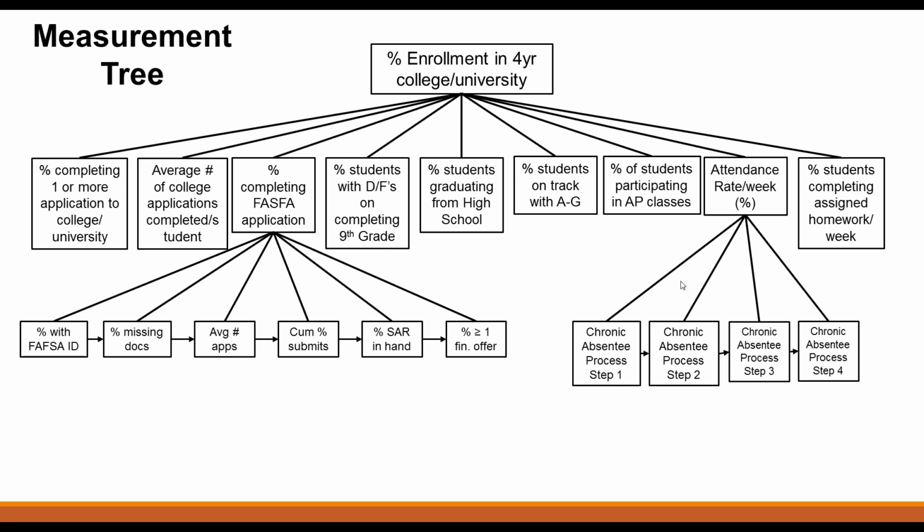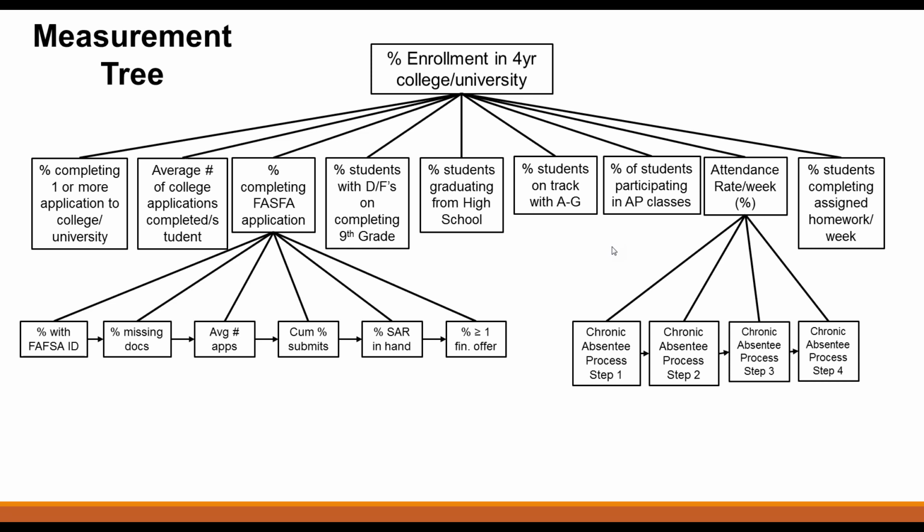For example, some high schools have a student population that does not come from a low socioeconomic status background, and the FAFSA completion problem may not exist for them. And so we might choose to not focus on that area and instead focus on the graduation rate or the 9th grade pass rate. Each of these represents opportunities for measurement and learning in the improvement journey.